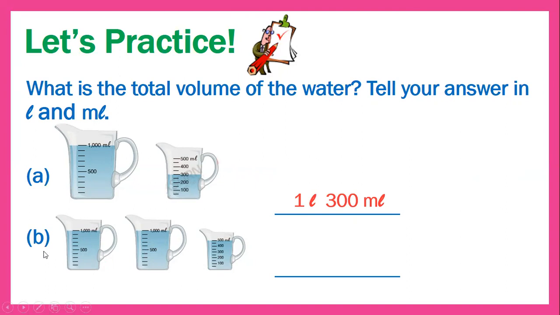Next, letter B. On the first jug, we have 1000 milliliters. The second jug also has 1000 ml. And the third jug has 500 milliliters. So the answer is 2 liters and 500 milliliters. Very good.